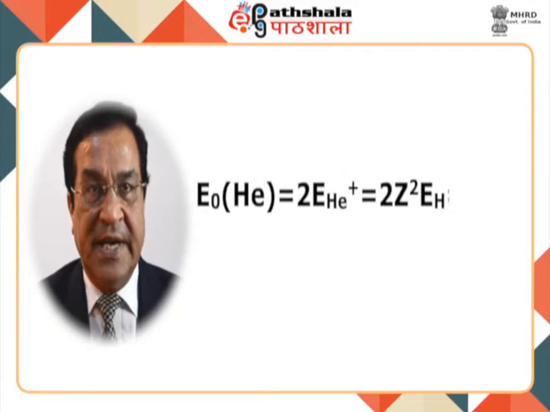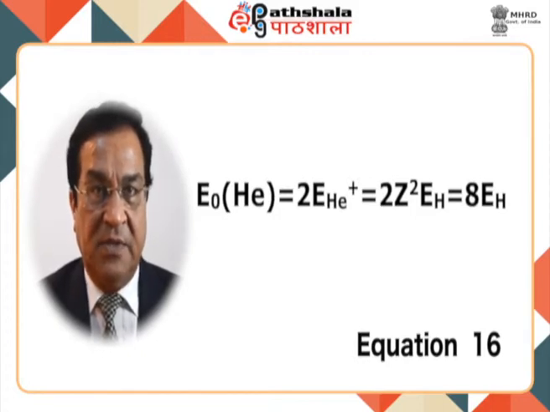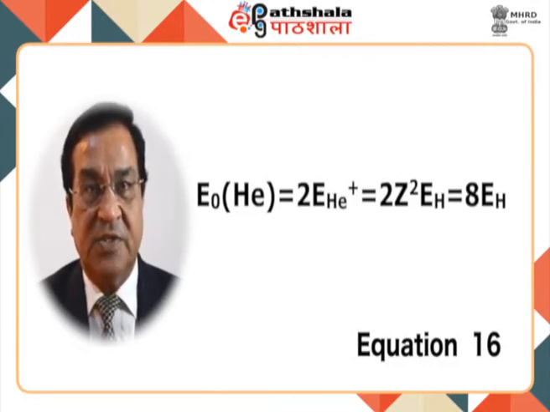Since Z is 2 in the case of helium, the total energy becomes 8 times the corresponding energy of the hydrogen atom. That means the ground state energy of the unperturbed system. Please remember here that unperturbed system means the system where we have neglected interelectronic repulsion. And that energy is equal to 8 times the corresponding energy of the hydrogen atom.